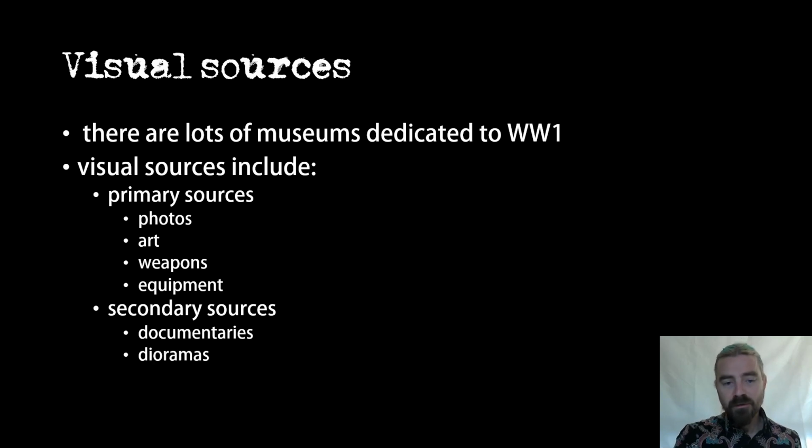Dioramas, so they're those cool little models that you might see in museums. Films, lots of films about World War One. And websites, again, there's heaps of websites about it. So that Australian War Memorial is a secondary source, but it contains heaps of primary sources in it.